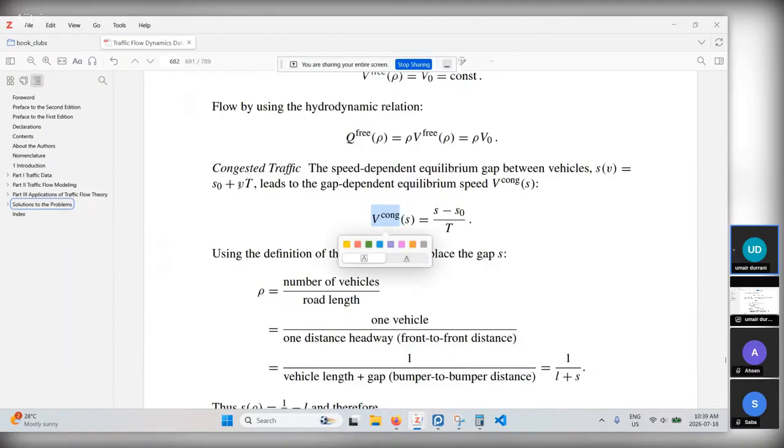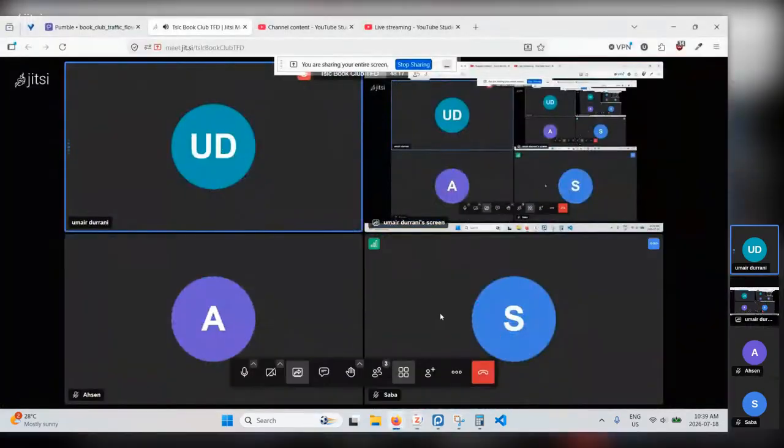How are these two equivalent? Can anyone guess why this v, small v that represents a single vehicle, can be replaced with the macroscopic speed in congested conditions? Any ideas?